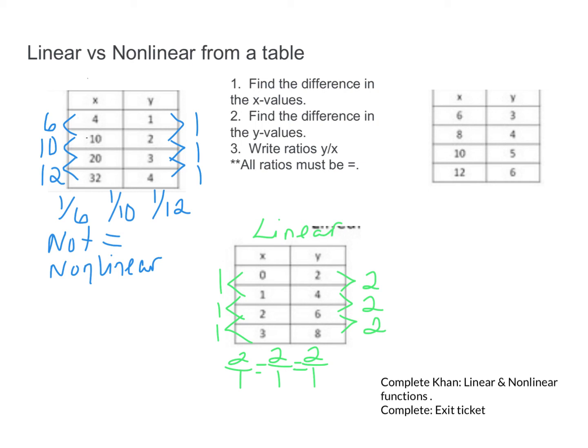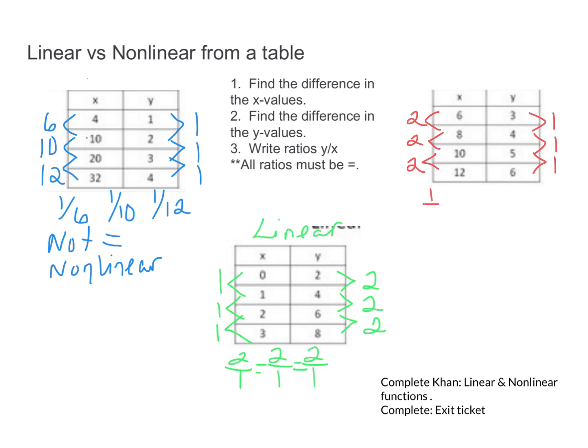And then we're going to look at the third table. I'm going to find the difference between my x's. From 6 to 8, we're going up 2. 8 to 10, 2. 10 to 12, 2. 3 to 4, 1. 4 to 5, 1. 5 to 6, 1. And then I write my ratio, y over x.